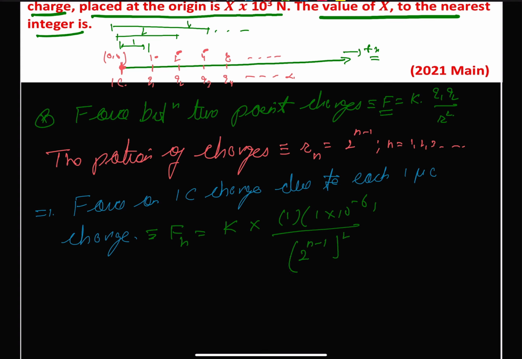We can write this as k times 10 to the power minus 6 divided by 4 raised to the power n minus 1.